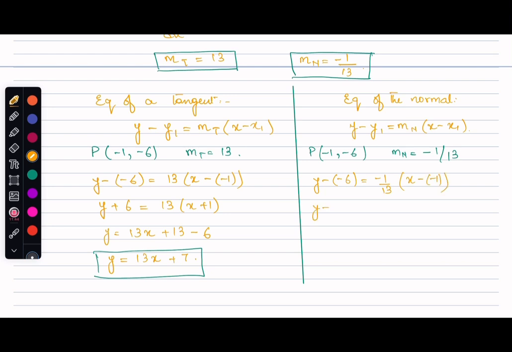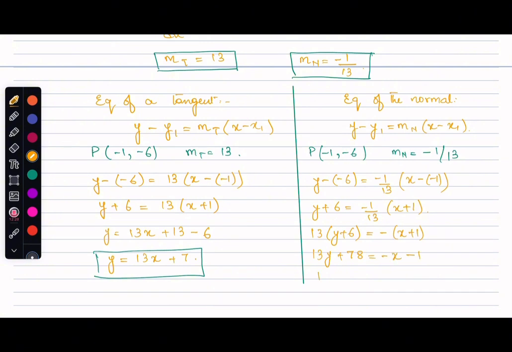Further, I can say this is y plus 6 equals -1/13 times x plus 1. I can just multiply this by 13, and I'll be left with negative (x plus 1). This becomes 13y plus 13 times 6, which shall give me 78, which then shall be equal to -x and a -1.